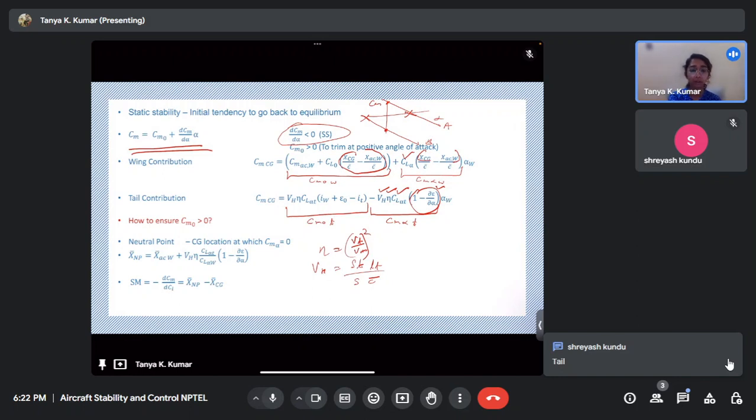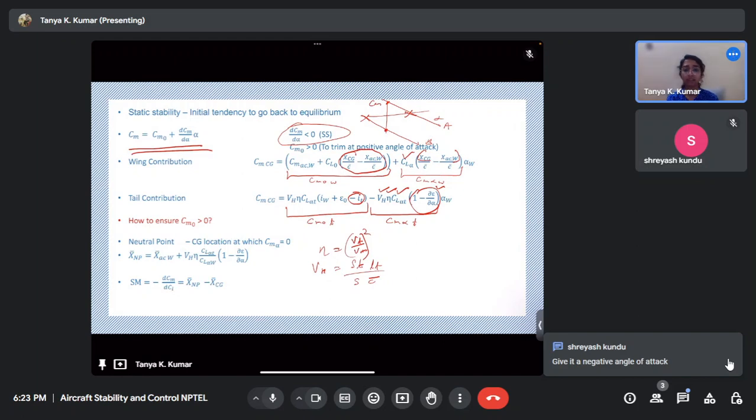What part of the tail? How do you make it positive? You can play around with the tail setting angle, right? Yes, negative angle of attack, and then you get Cm naught to be positive.